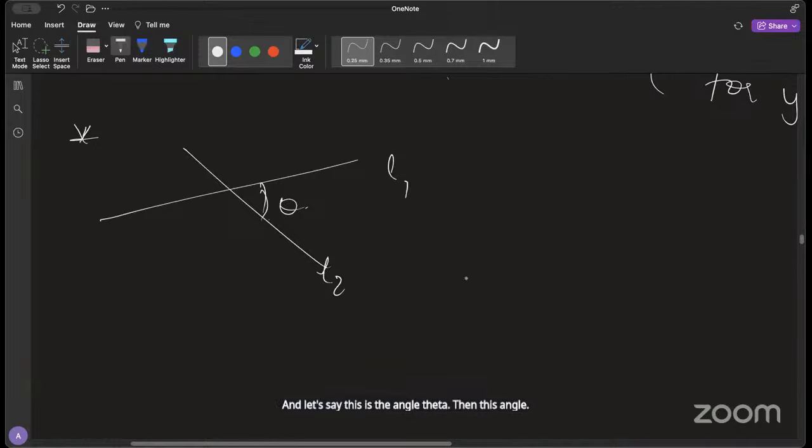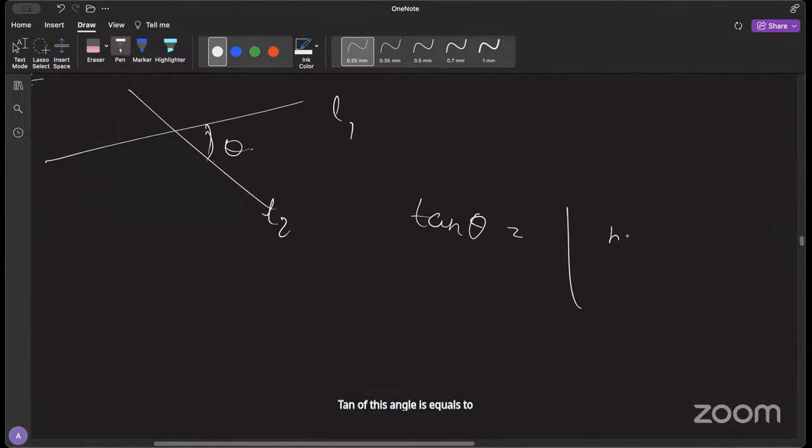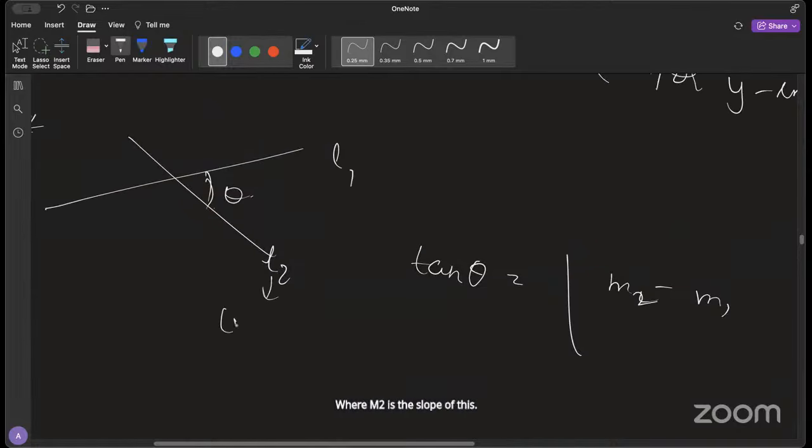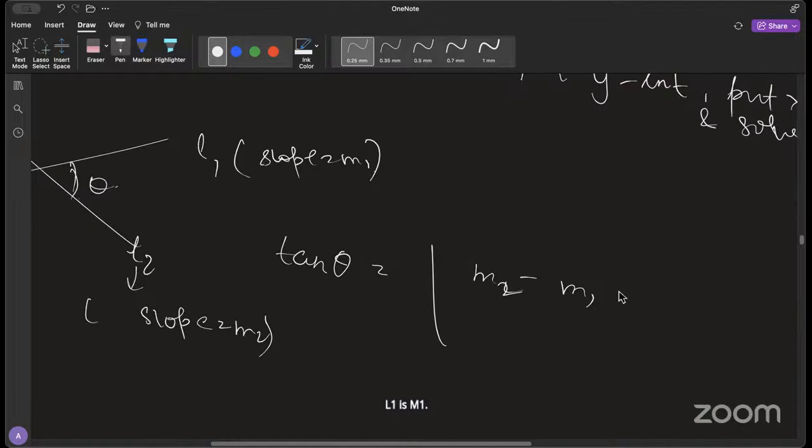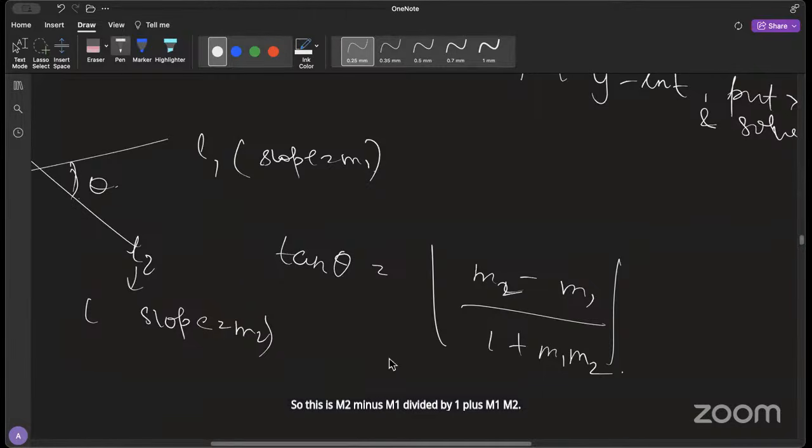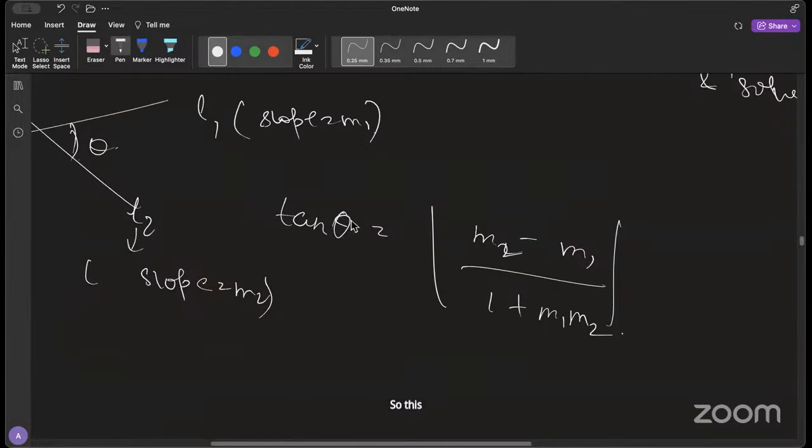Then tan of this angle is equal to M2 minus M1, where M2 is the slope of L2 and M1 is the slope of L1, divided by 1 plus M1 into M2.